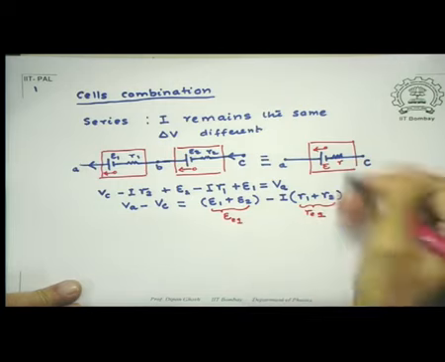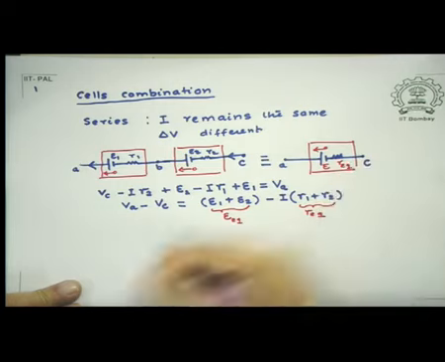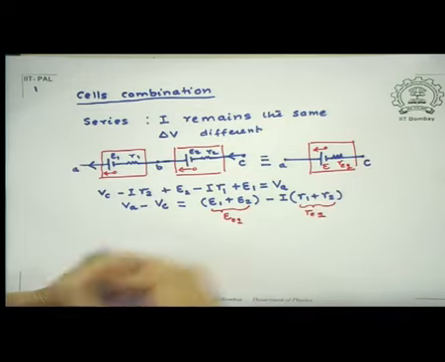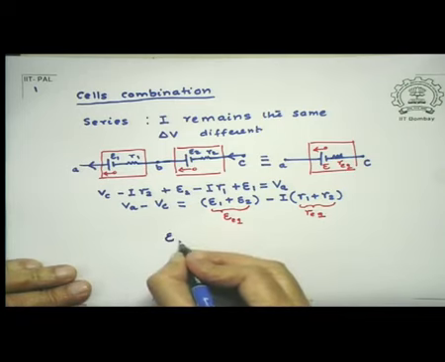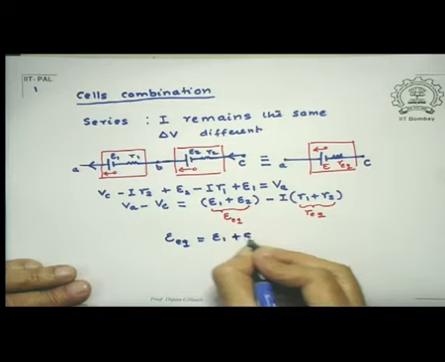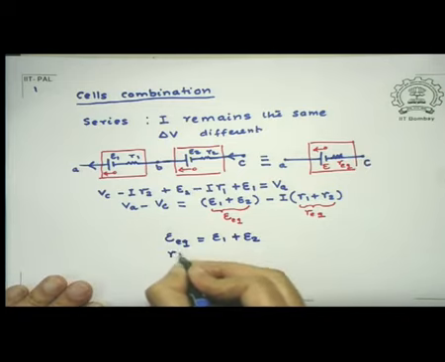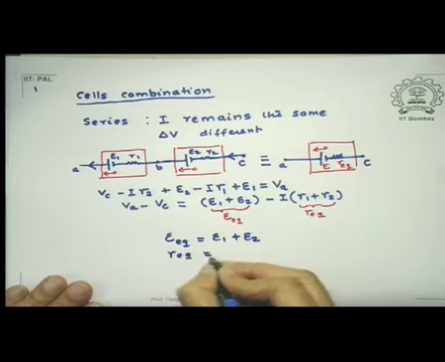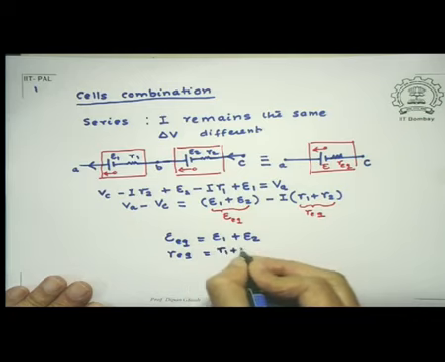So this is what actually you substitute. So let's write down that Eeq is equal to E1 plus E2 and Req is equal to R1 plus R2.